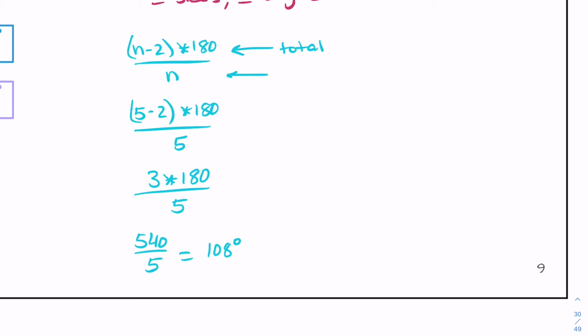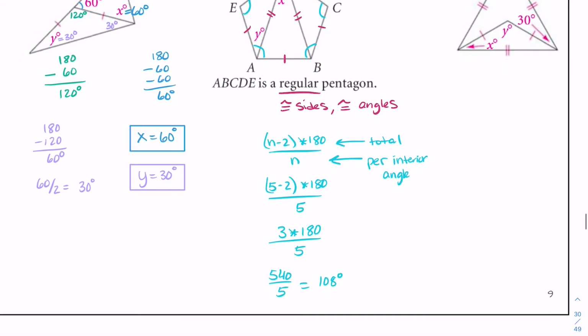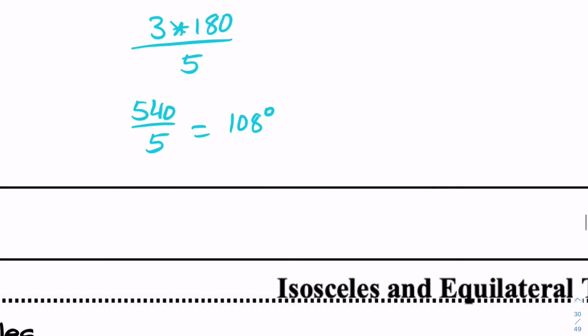And this is per interior angle. So just dividing by that extra n really gives you more information. It gives you that we have 108 degrees is each and every interior angle.